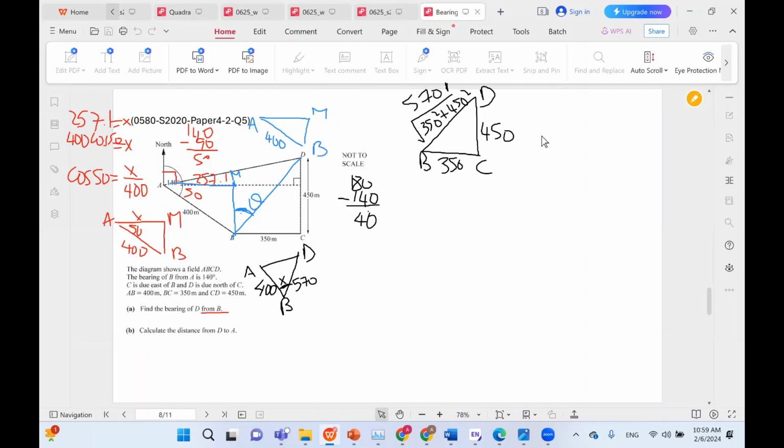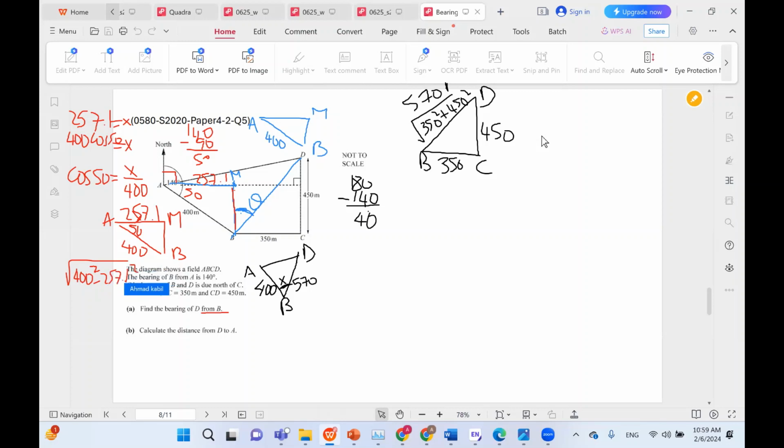And we can also get this side here as well. We can use either the sine rule, or we can use Pythagorean theorem. They should give you both the same answer. So let's do the Pythagorean theorem. Since we have 257.1, we can use the Pythagorean theorem to say root 400 squared minus 257.1 squared.